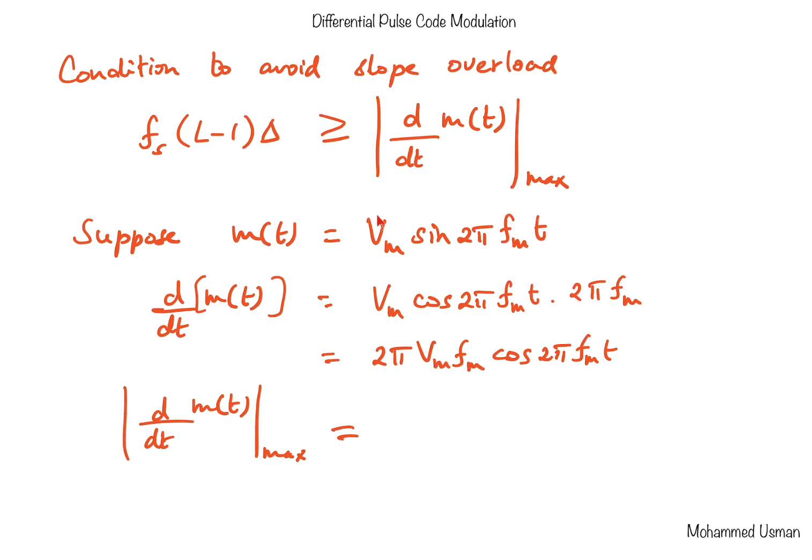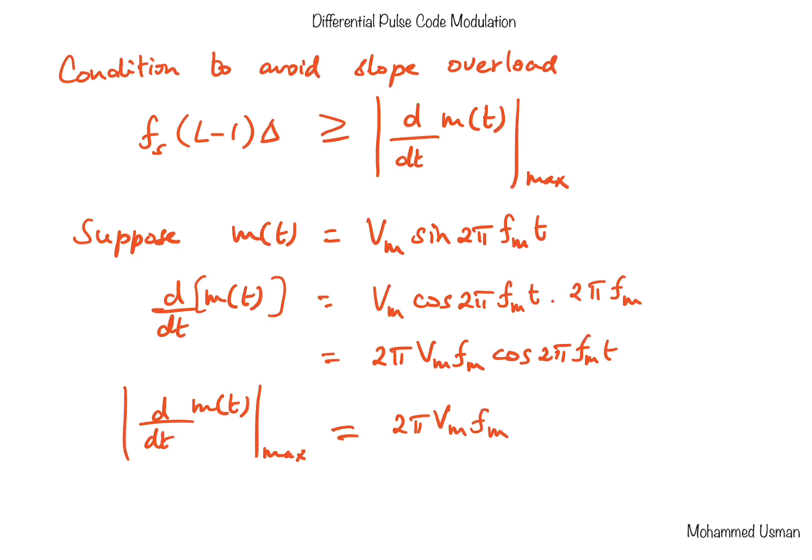The original signal has a peak amplitude Vm. The derivative has a peak amplitude 2 pi Vm fm. So the maximum magnitude is simply 2 pi Vm fm. So we need to satisfy this condition that Fs times L minus 1 times delta is at least this peak slope of the input signal m of t.